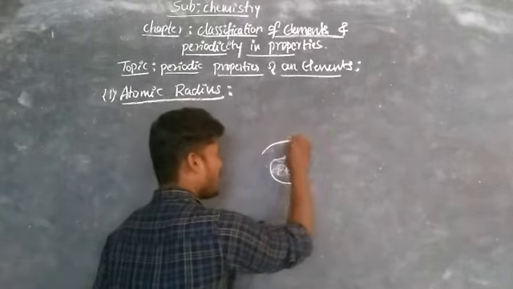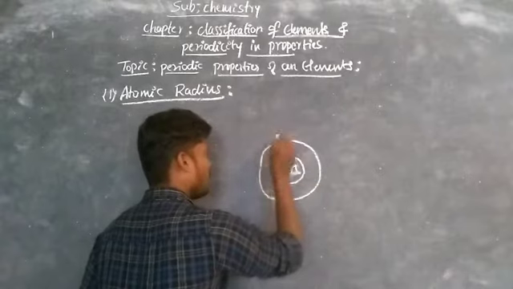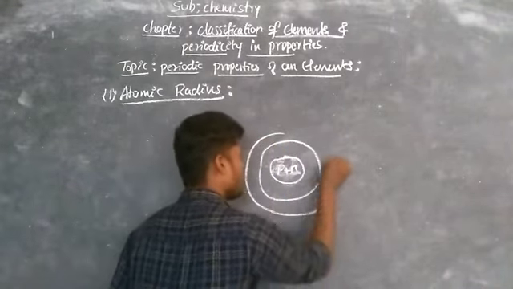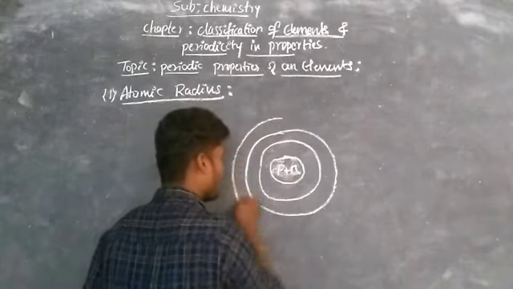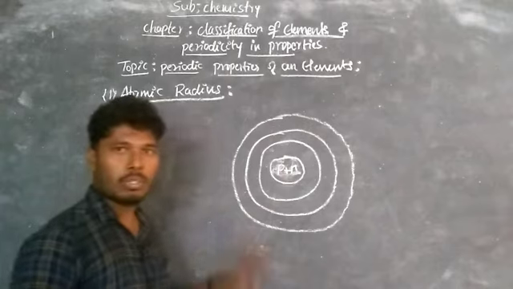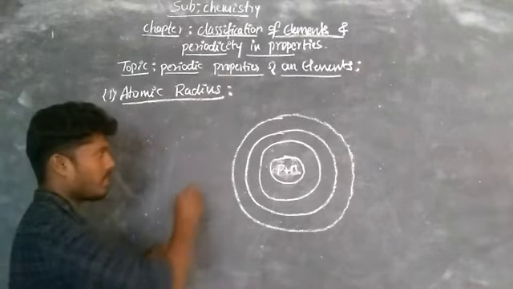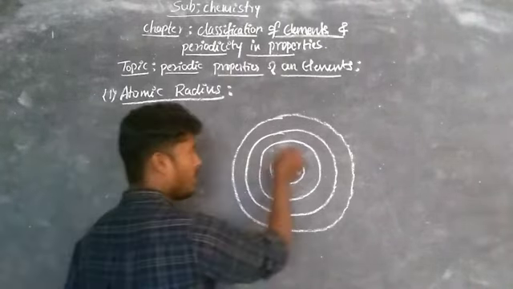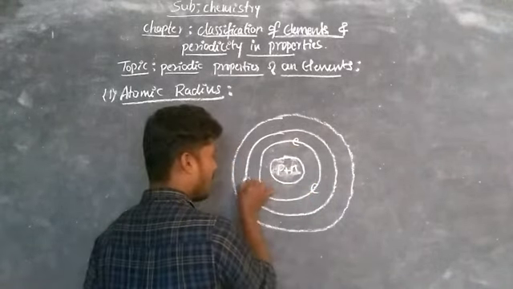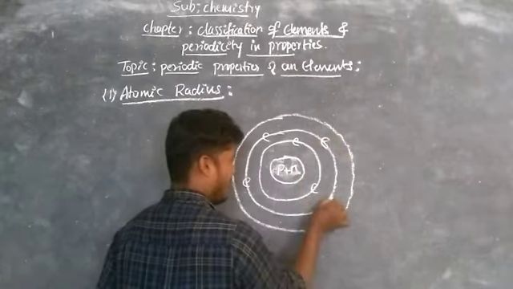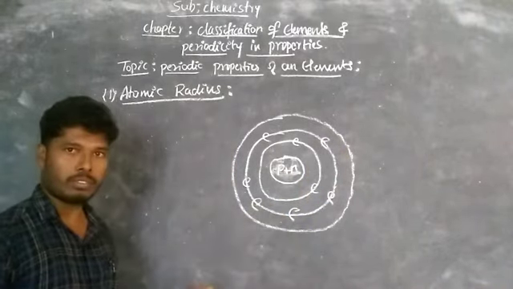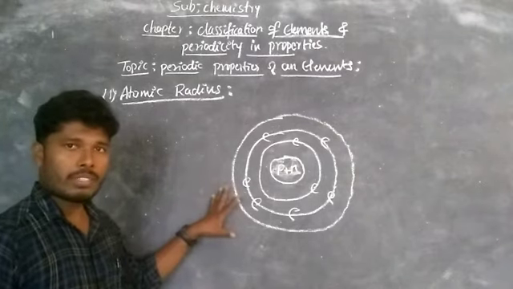Around the nucleus there are circular orbits, which we also call shells, that is K, L, M, N and so on. This is the main structure of an atom, and these shells contain electrons. The electrons are revolving around the nucleus. This is the structure of an atom.